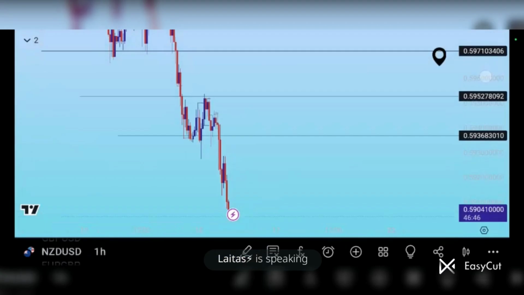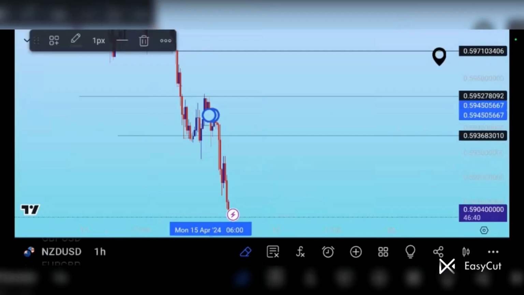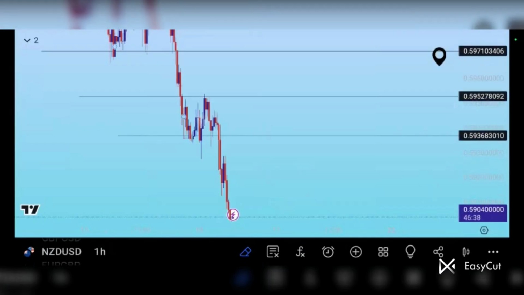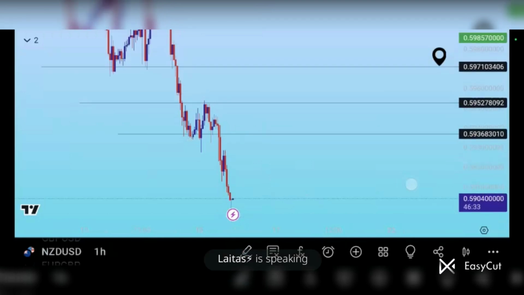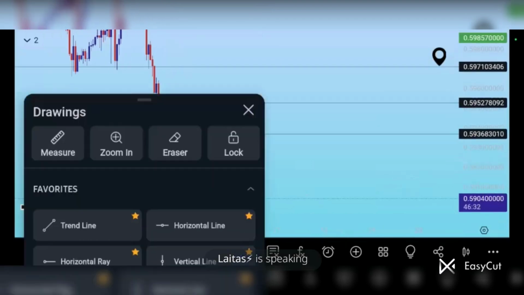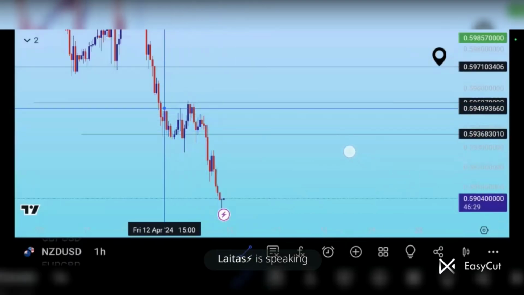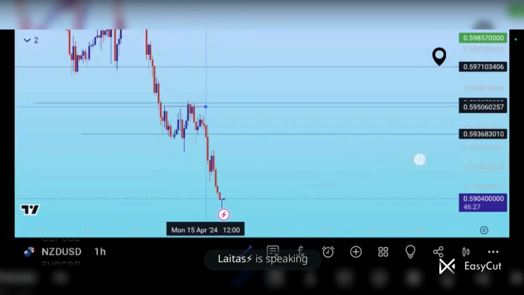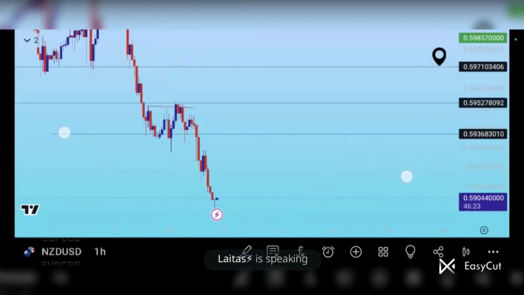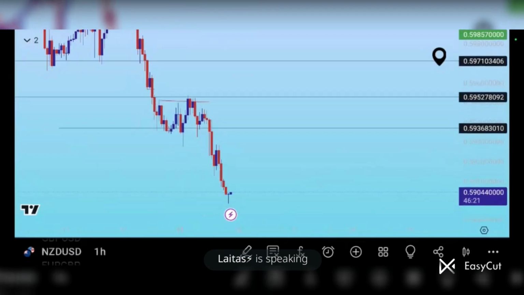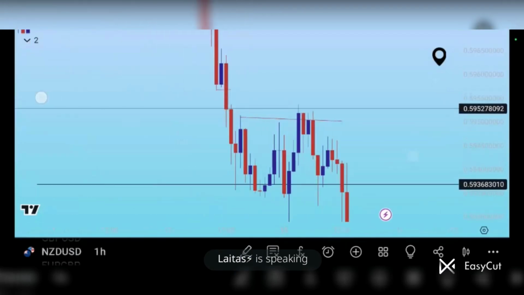On H1, let me clear this. So on H1, what do we have? We have this sweep, right? We have this sweep, but where is our liquidity?